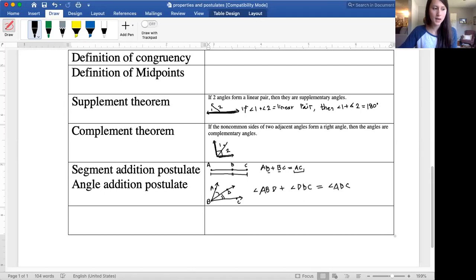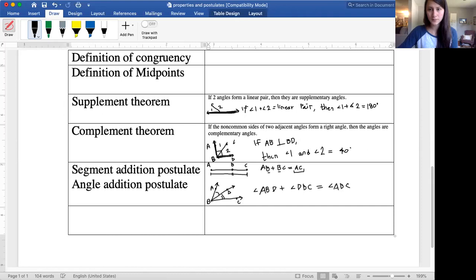So let's say that this is A, B, C, and D. If AB is perpendicular to BD, then I could say that angle 1 and angle 2 are 90 degrees.